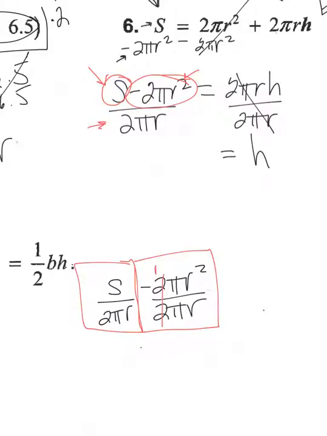I have a pi divided by pi. That can reduce to a 1. I have r squared divided by r. Well, r squared is the same thing as r times r, and I'm dividing that by r. I can take a factor of r out. So in this instance, when I take that factor of r out, I'm left with just one r.